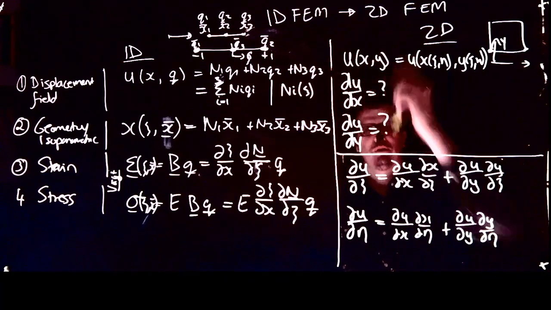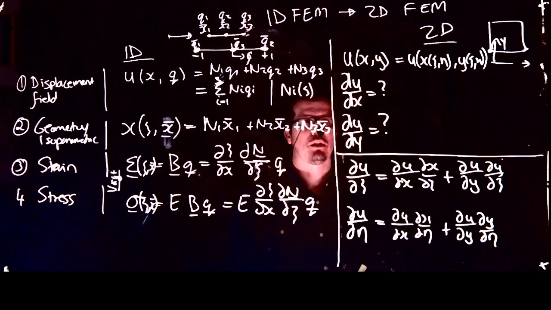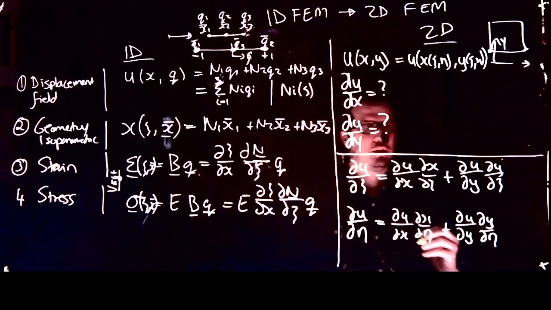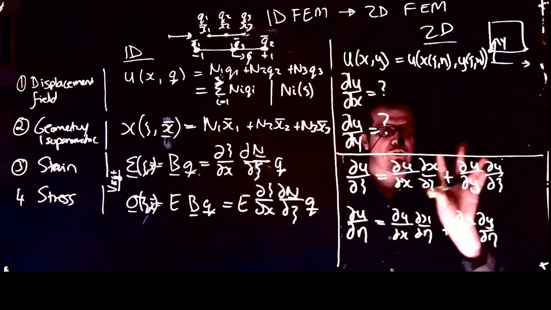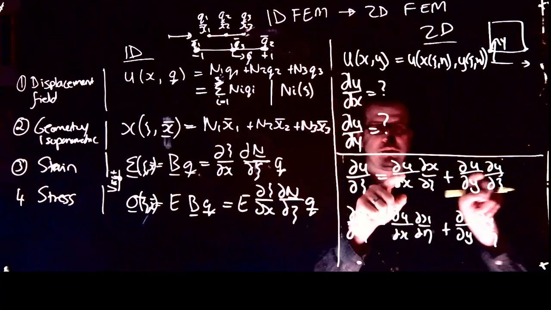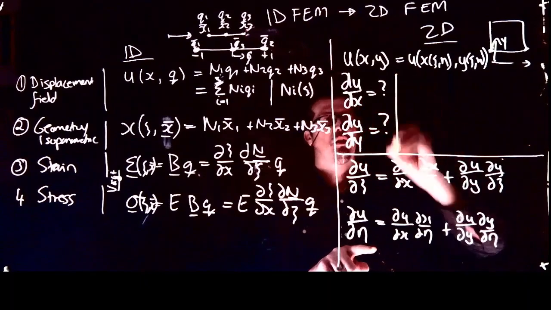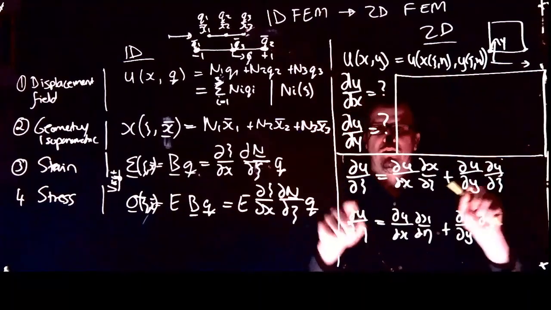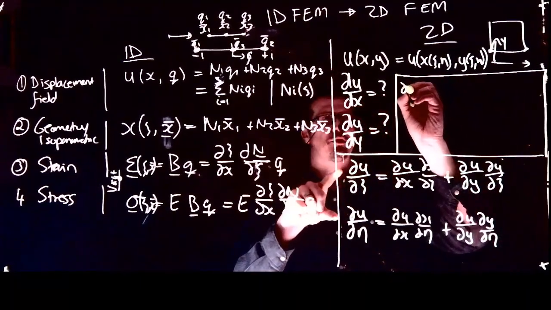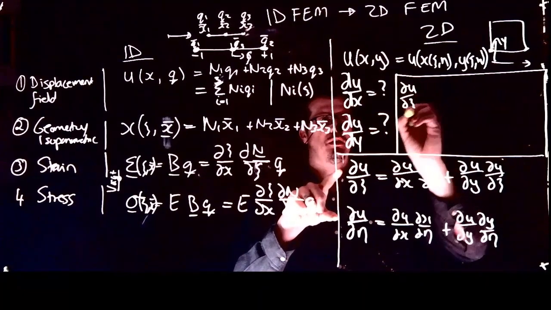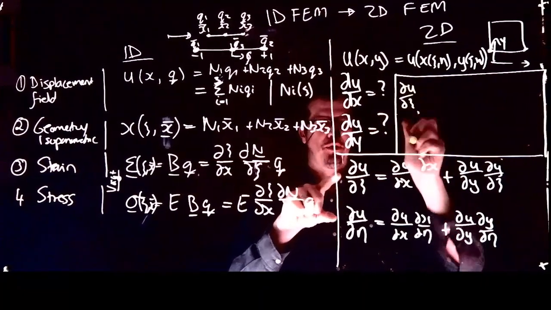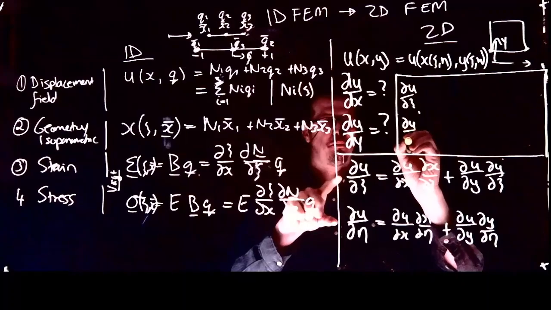There are two variables, so that's just to make sure that we don't write it unnecessarily wrong. But the bottom line is, let's focus on this part here and isolate what's going on. So I can say partial u, partial psi, that's the one component, and partial u, partial eta.